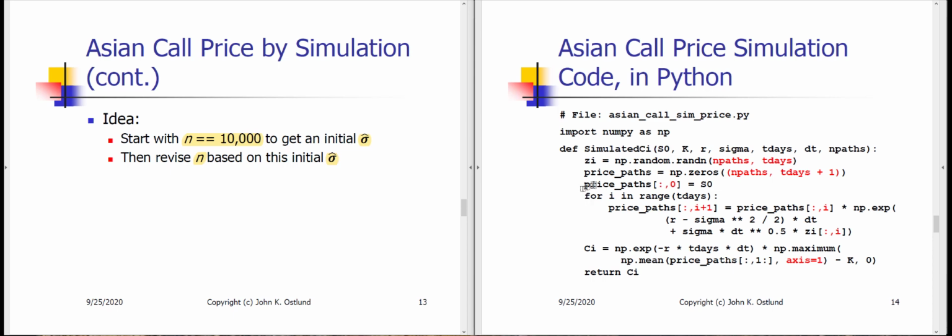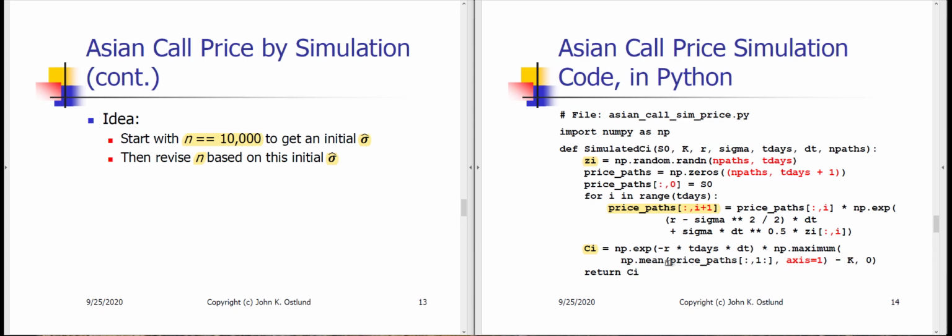But now in our code here, after we have computed all these price paths based on the Z's that we draw for some number of paths, we're going to get ourselves the call prices associated with each one of those paths by using our discounted payoff.